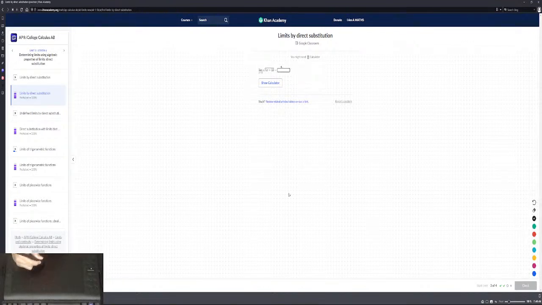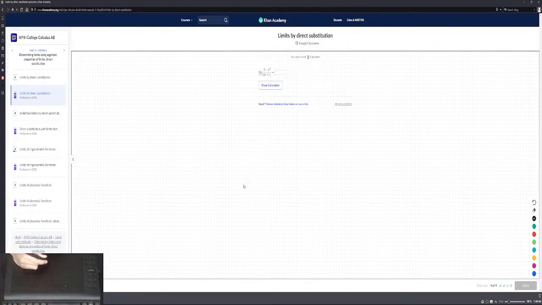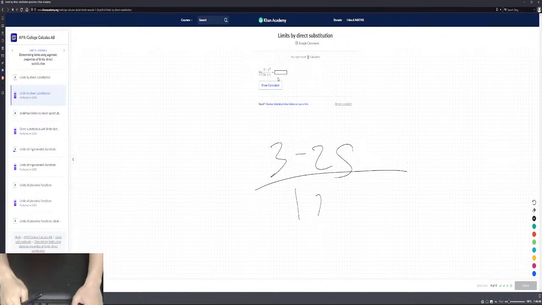You get 5 because you did 12 plus 13. You get square root of 25. Square root of 25 is 5. Three minus 25. Oh, 11. That would be -22 over 11. -2.